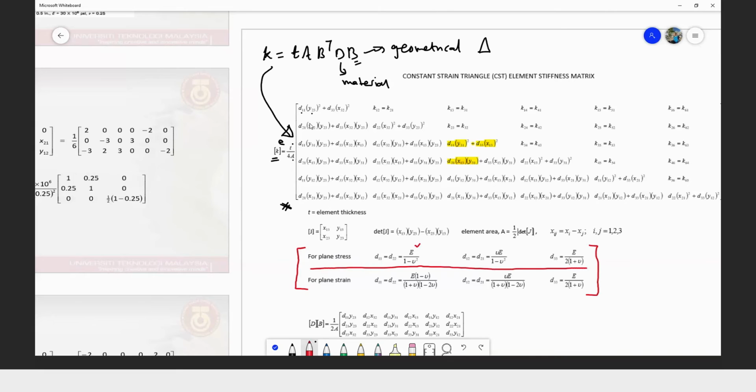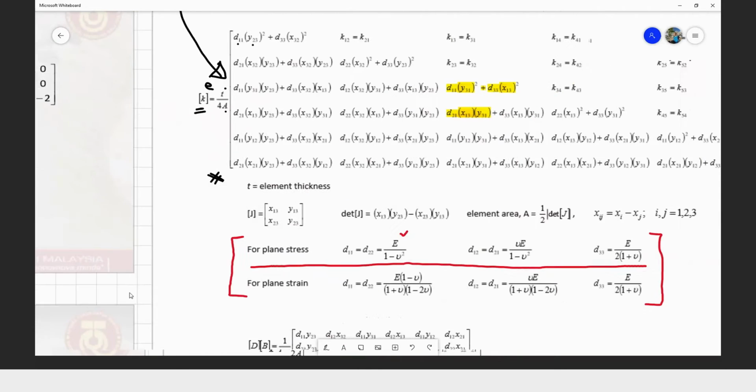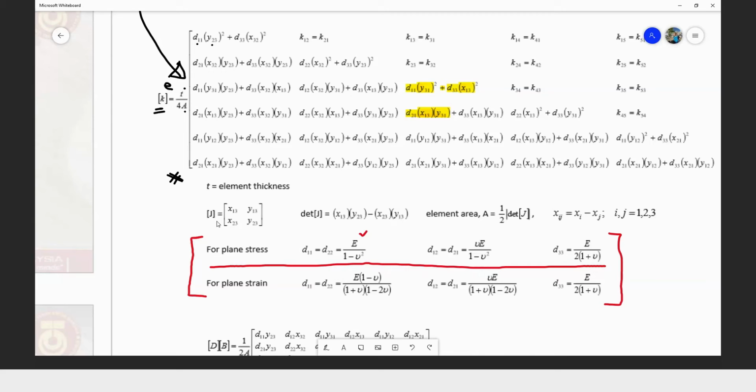All right, now let's look at how easy it is to implement this equation compared to the one in the slide. But before that, let's revisit here. We have J, which is defined similarly in your lecture notes. J is the Jacobian matrix, given by x13, y13, x23, y23. We use the J matrix in many places.